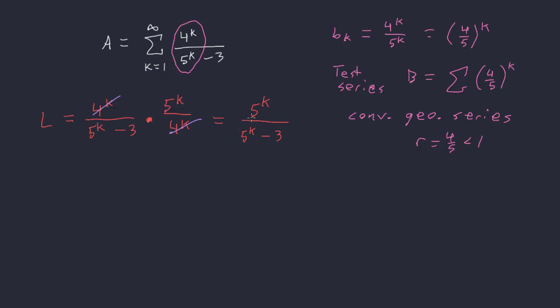And since we have the same thing up here, we could use L'Hopital's rule, but you'll get the same thing. This is going to go to 1. Okay, so by the limit comparison test, A and B both converge.